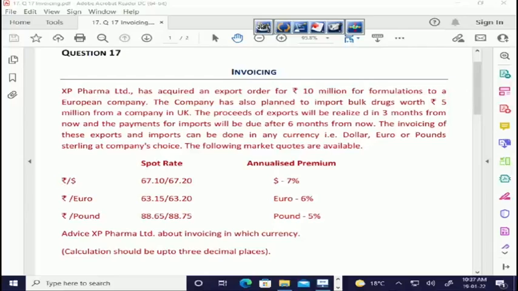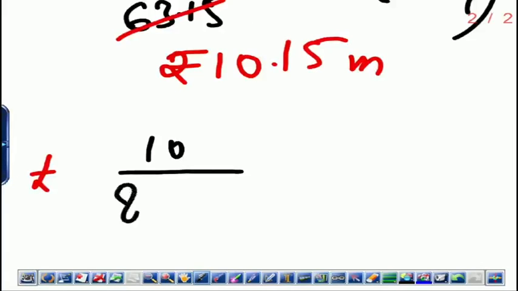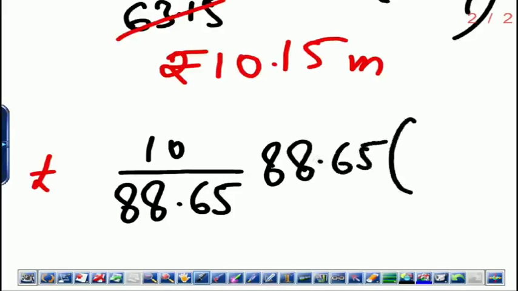And the last one is pound invoicing. The spot rate is 88.65 and the premium is 5%. That's the worst one. So pound invoicing, we have 10 million divided by 88.65. That's the invoice amount sold forward, so into 88.65, 1 plus 0.05 by 4.